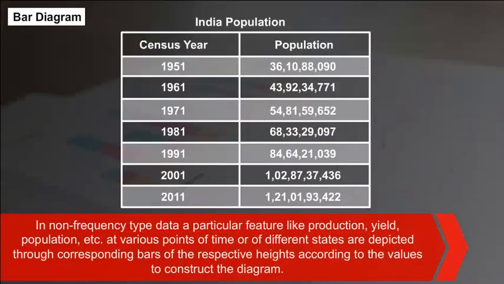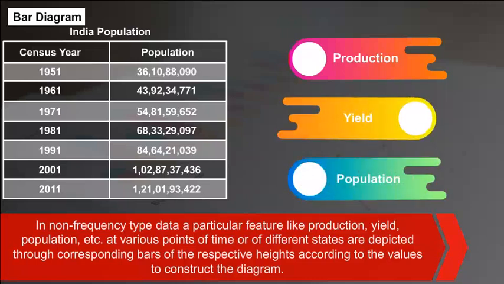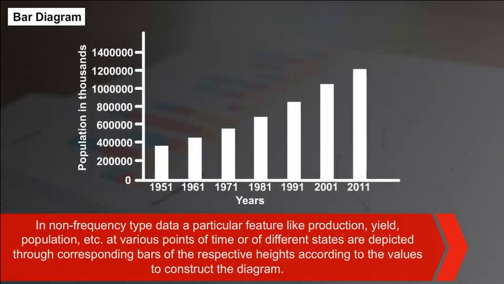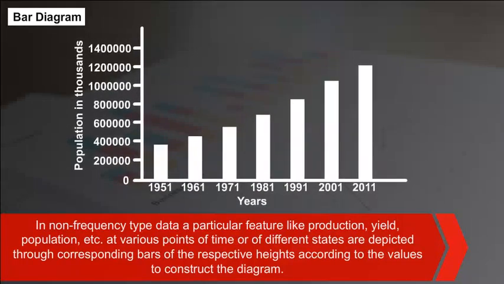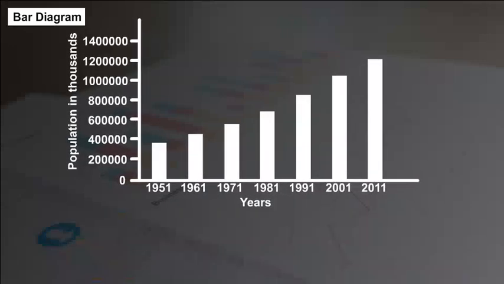In non-frequency type data, a particular feature like production, yield, population, etc. at various points of time or of different states are depicted through corresponding bars of the respective heights according to the values to construct the diagram.